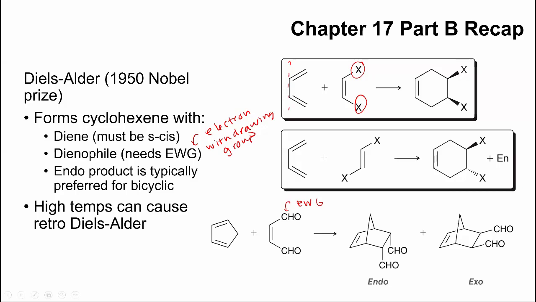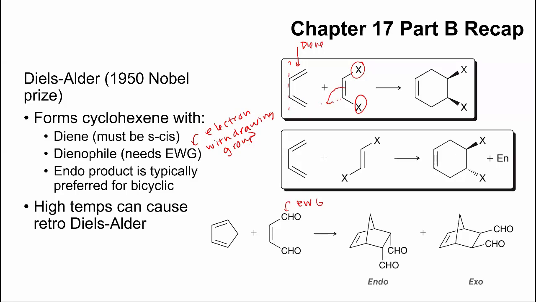And the endo product is typically preferred for a bicyclic compound. And high temperatures can cause retro Diels-Alder reactions to happen. So these things can go backwards. So if we look at this first reaction here, you have the diene. And then the dienophile has the 2 halogens. What's happening is one of these pi bonds goes to form a bond here.